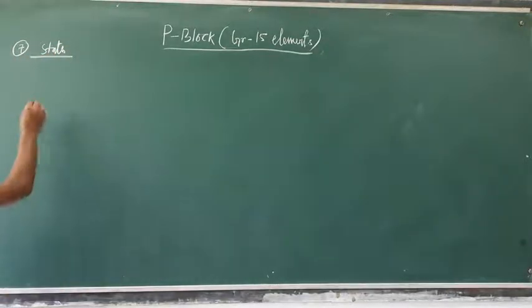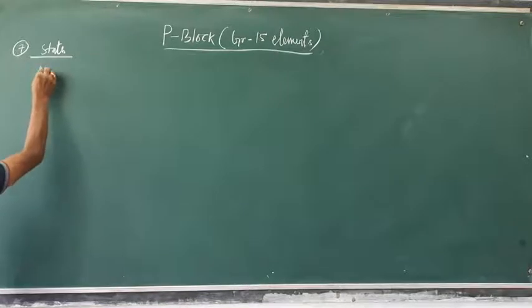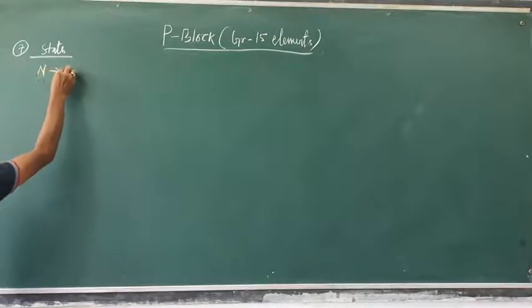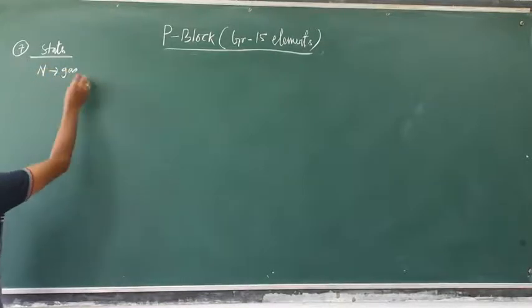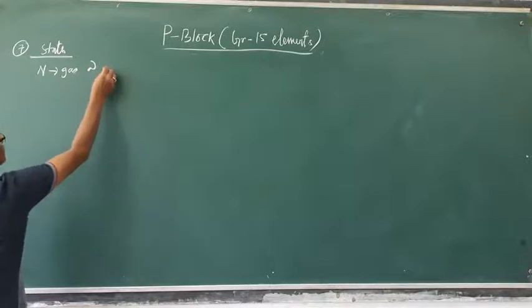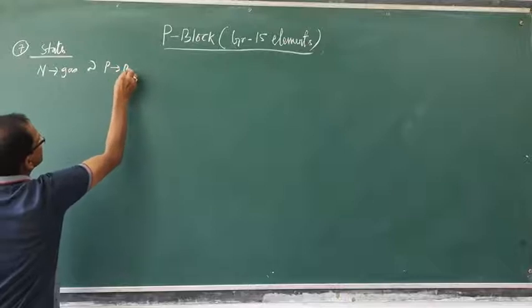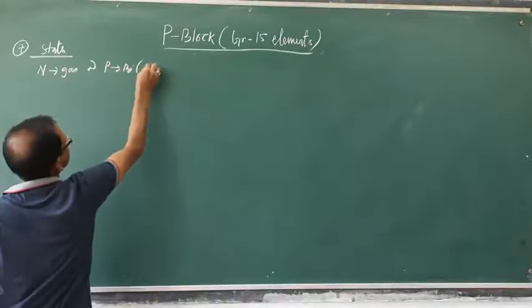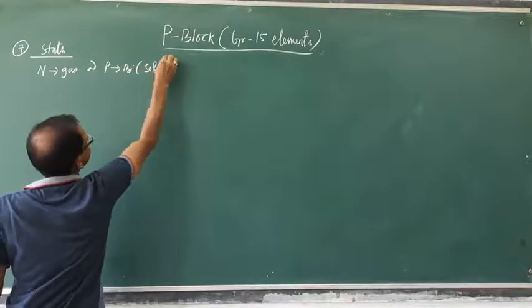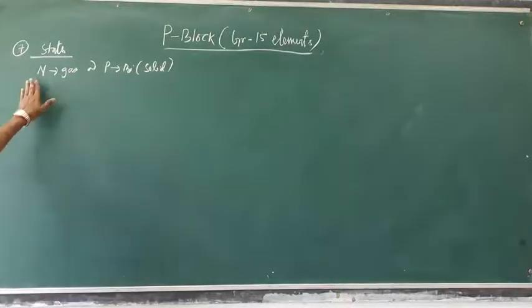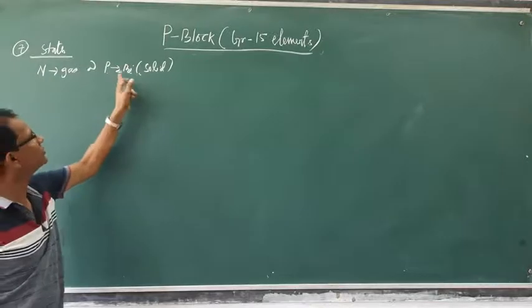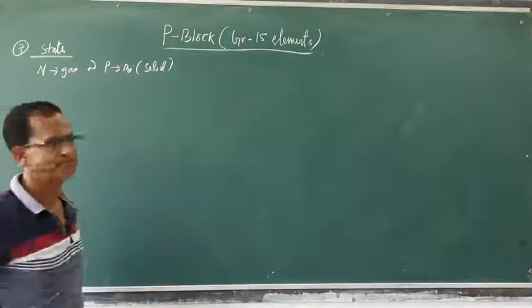The state of nitrogen is gas, and phosphorus to bismuth are all solid. In this group, nitrogen is gas, but phosphorus to bismuth are all solid.